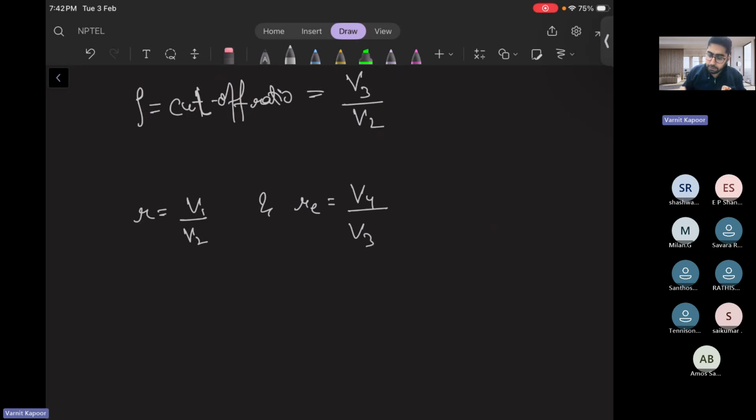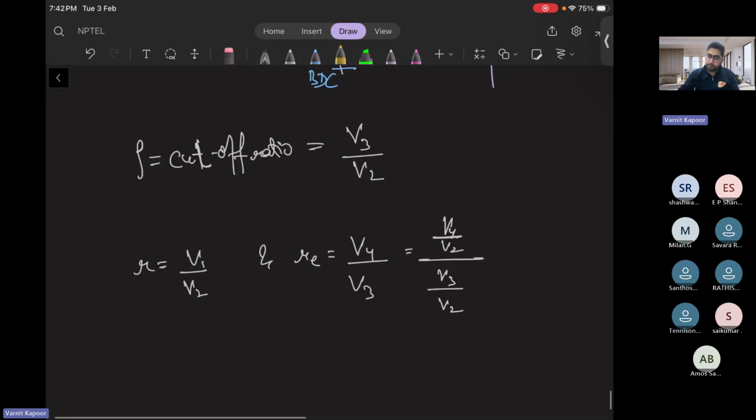Suppose I divide by V2 in numerator and denominator here: V4 by V2 over V3 by V2. We know that V3 by V2 is the cutoff ratio, and V4 and V1 are equal.